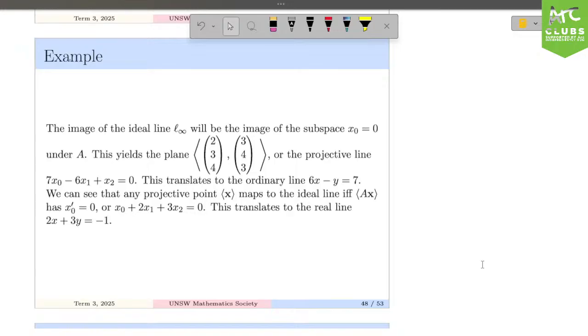So we have that pi of L infinity is equal to the span. And because we've chosen these as just our elementary vectors, doing the matrix multiplication is easy. So we get it's the span of 2, 3, 4, and 3, 4, 3. And again, you can convert that back into a Cartesian equation if you really want to, but we are not going to bother with that.